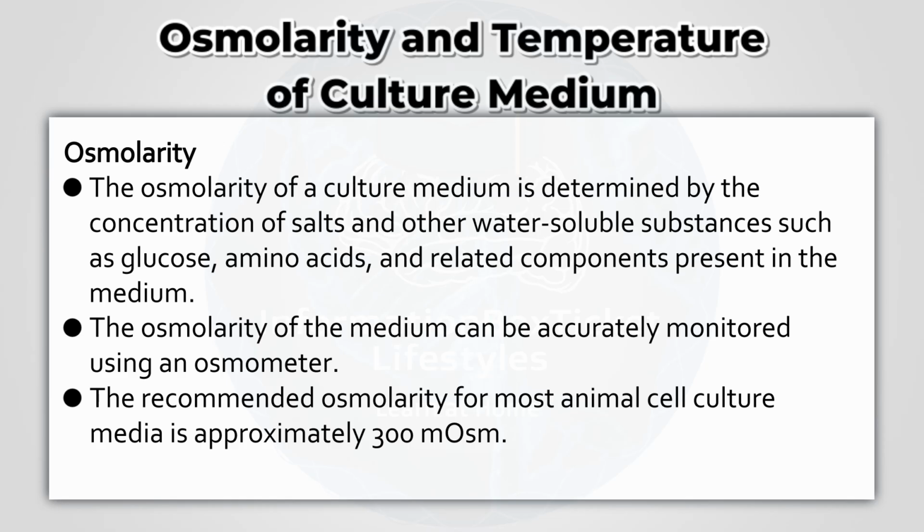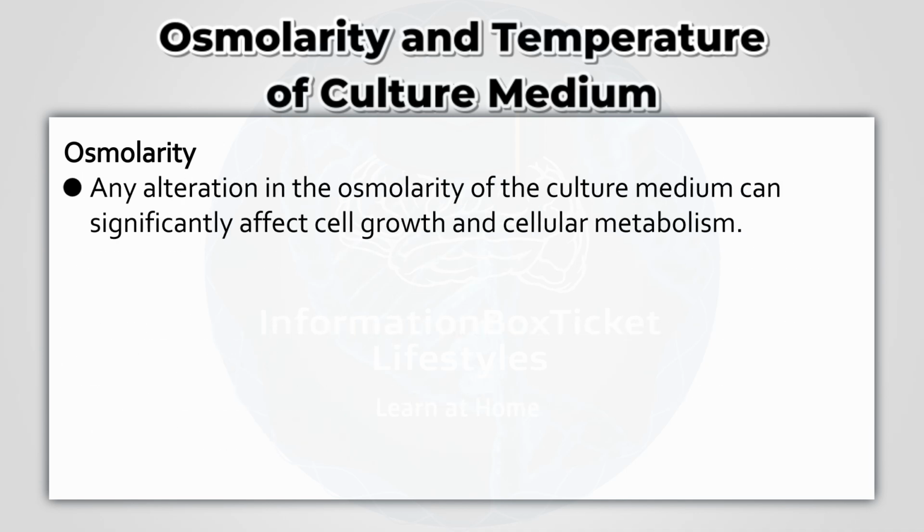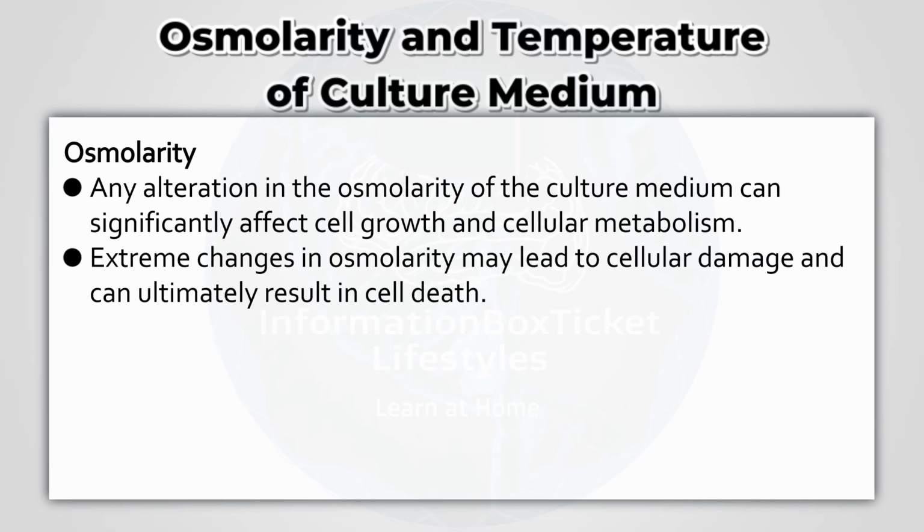The recommended osmolarity for most animal cell culture media is approximately 300 milliosmoles. Any alteration in the osmolarity of the culture medium can significantly affect cell growth and cellular metabolism. Extreme changes in osmolarity may lead to cellular damage and can ultimately result in cell death.